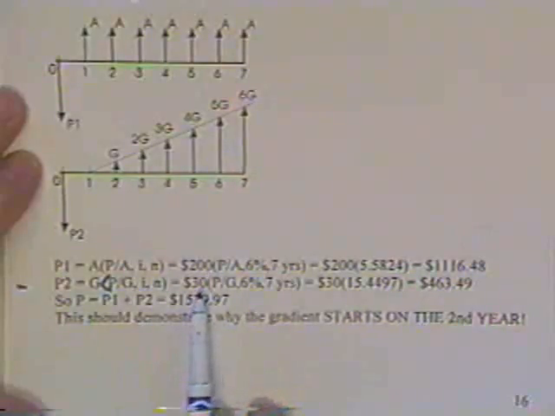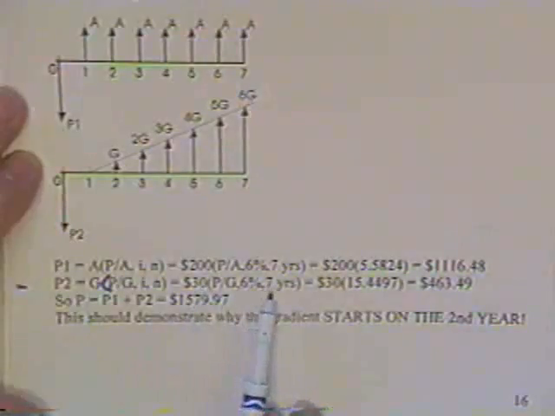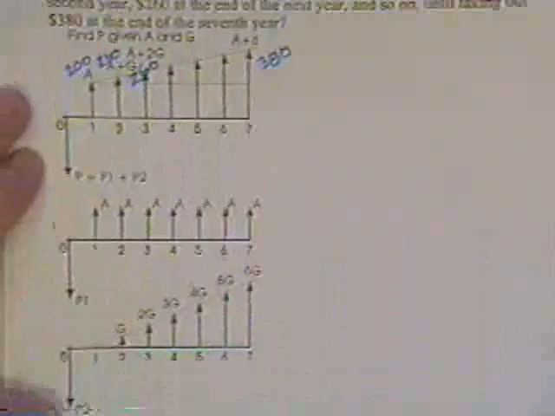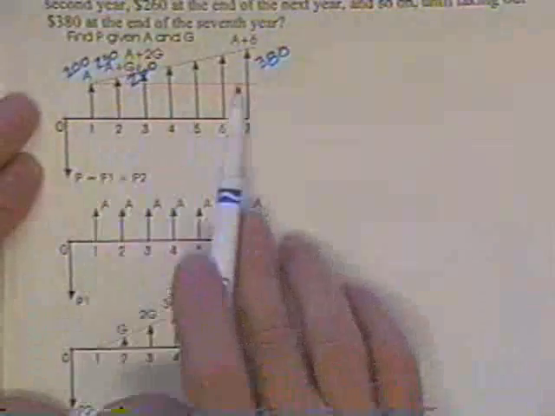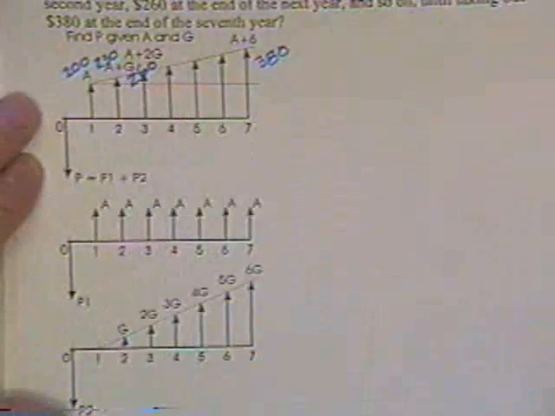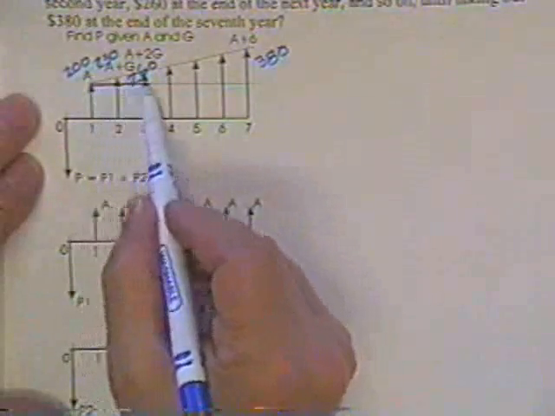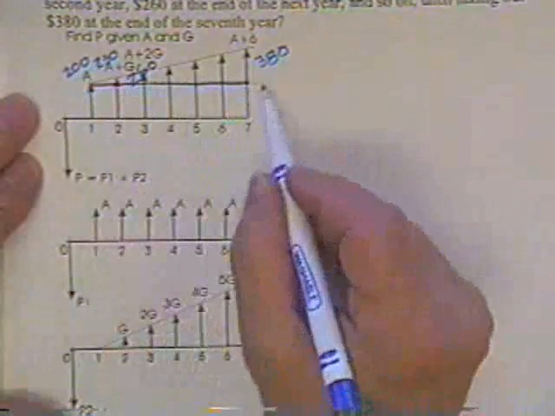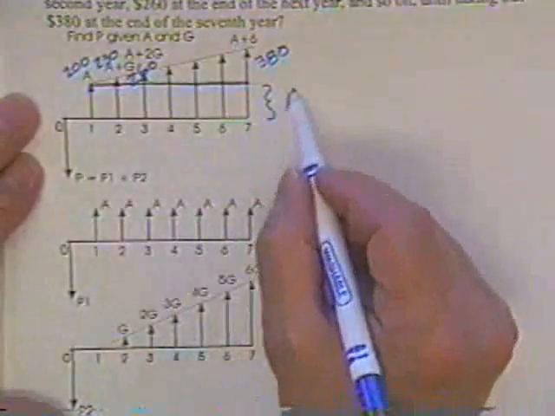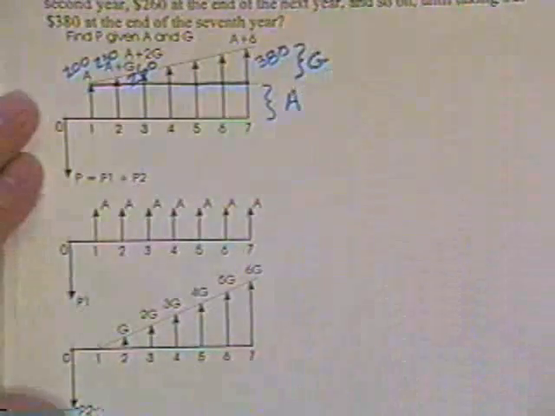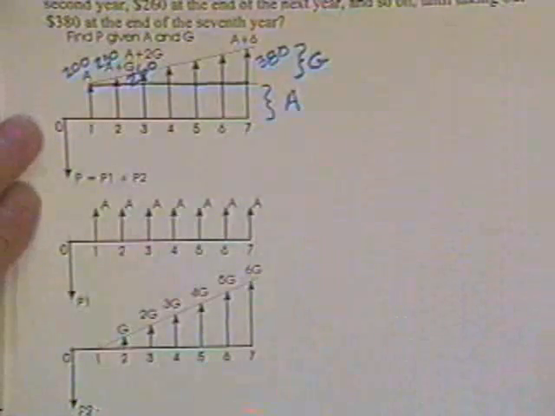The gradient is 30, 60, 90, 120 for 7 years. Fortunately, this problem appeared in standard form, or it was easy to make it into standard form, because you just go to the first value and scrape off the top, and you make the bottom half an annuity, and you make the top half a gradient. So you should always be able to do that.